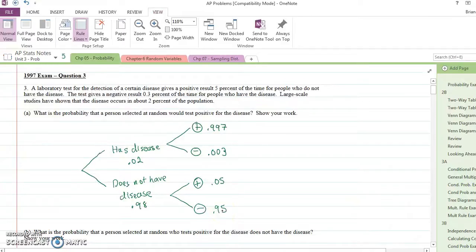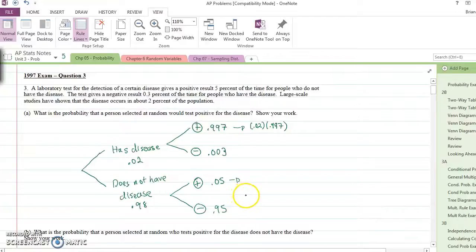So the first part of this question is asking, what is the probability that a person selected at random would test positive for the disease? That means testing positive would be this part and this part, right? So the probability that they have the disease and they test positive is going to be 0.02 multiplied by 0.997.